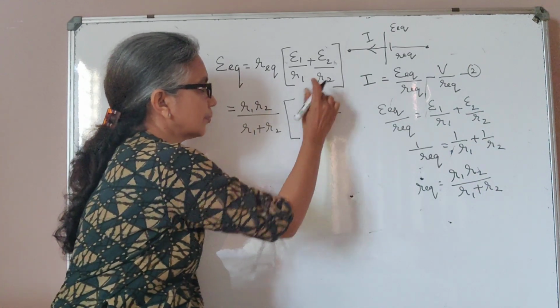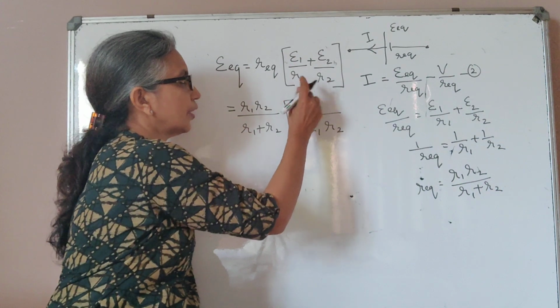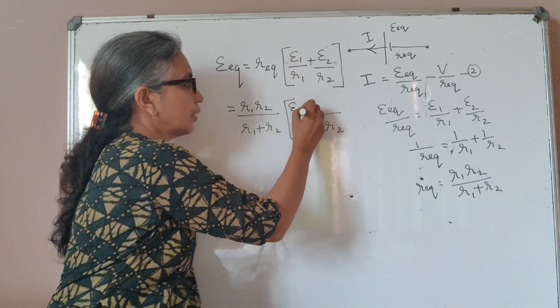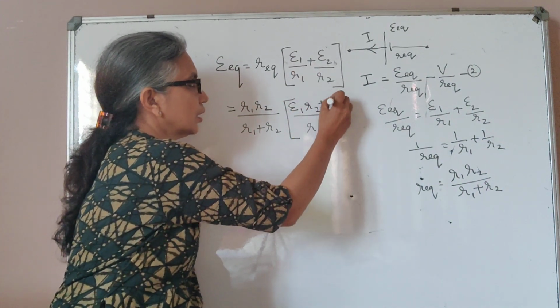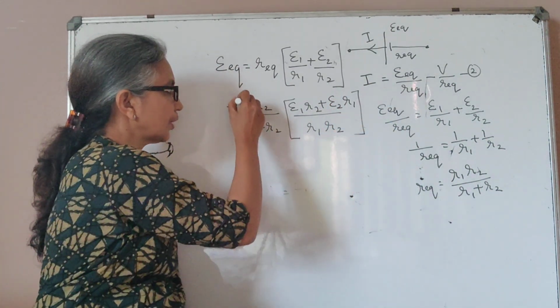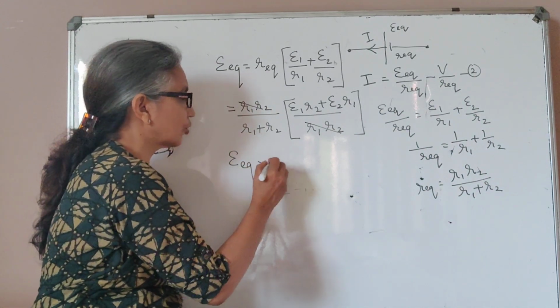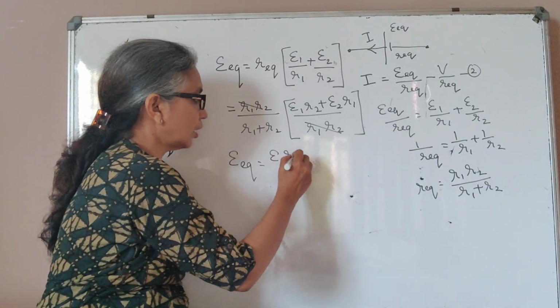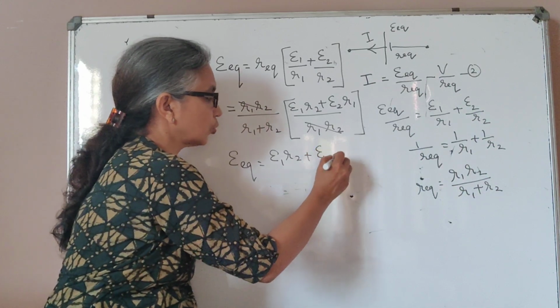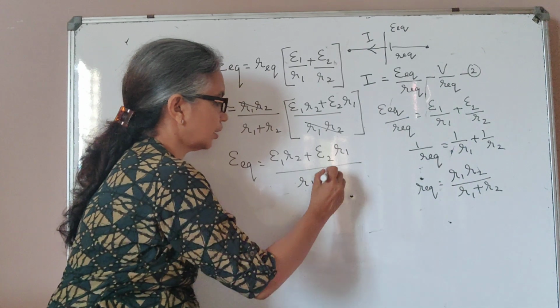If I take the LCM here, this is R1 R2, and on top I will have cross multiply E1 R2 plus E2 R1 cross multiply. So if I cancel this and this, I get my expression for E equivalent as E1 R2 plus E2 R1 by R1 plus R2.